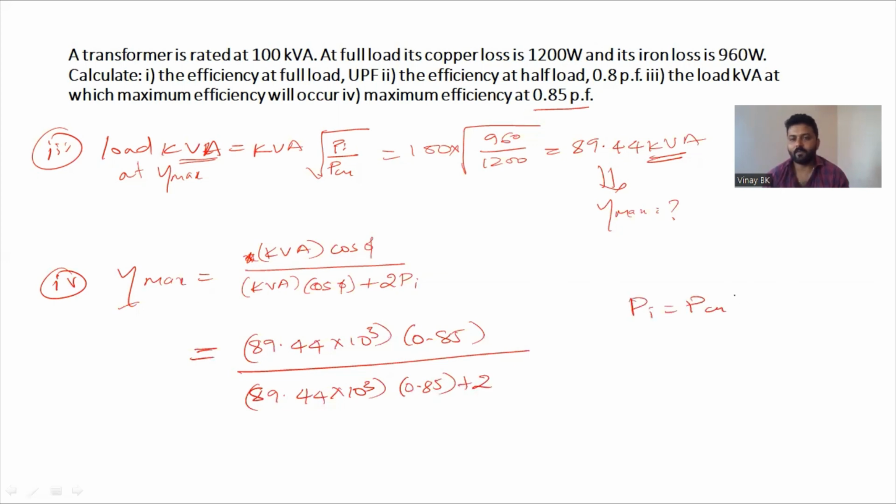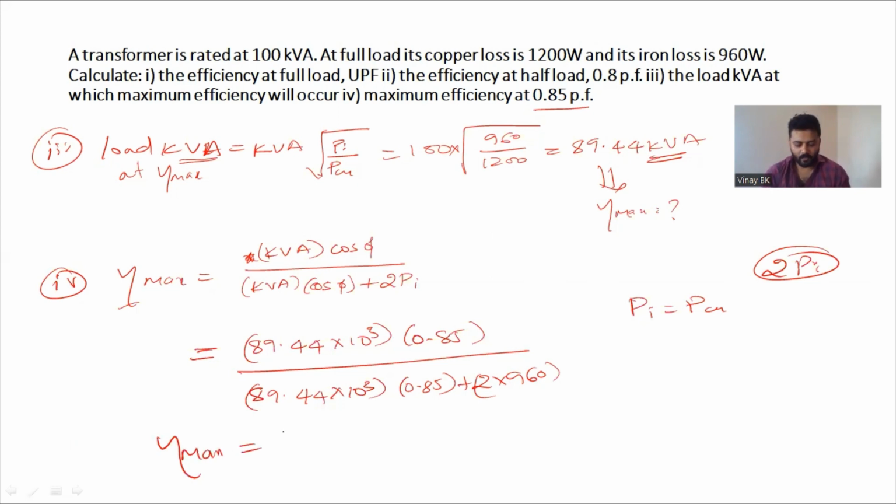If they have given the value of copper loss and iron loss, you should always write 2 into Pi while solving the maximum efficiency problem. So 2 into what is the value of Pi? 960. Then we get the value of maximum efficiency, eta max.